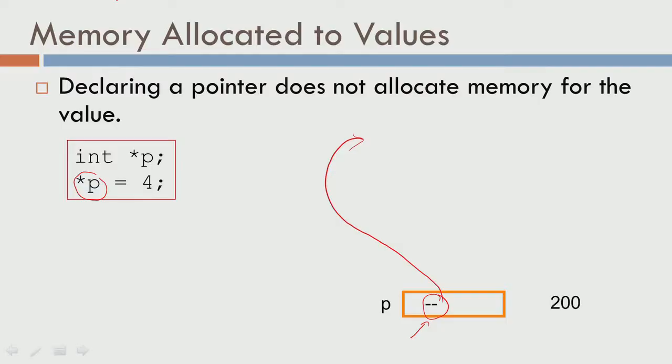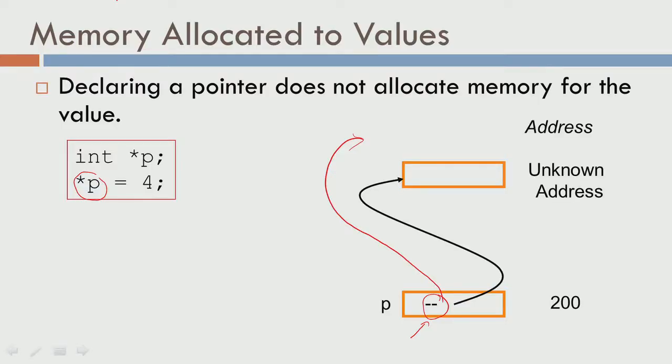But since this is unknown, you are saying take this unknown, go to some memory location, I do not know which, and change that to 4, right. So, this is pointing to some unknown address and you want this unknown address to have the value 4. This is not a legal operation in C.